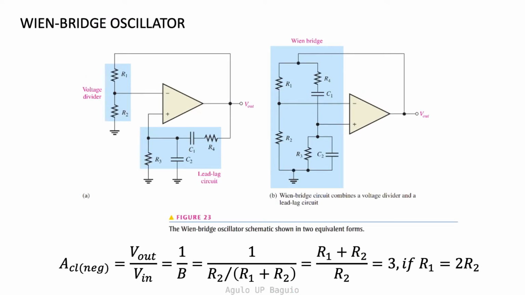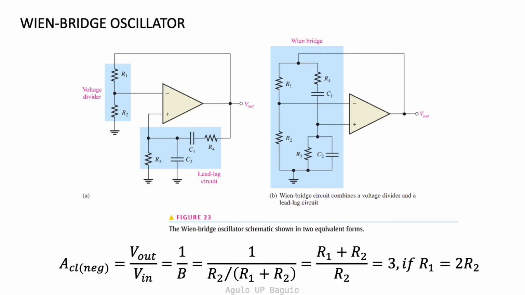The Wien bridge oscillator is obtained by using the non-inverting amplifier circuit we learned in the previous video, and then replacing the input with another feedback network connected from the output terminal to the non-inverting input. The positive feedback network is our lead-lag circuit.